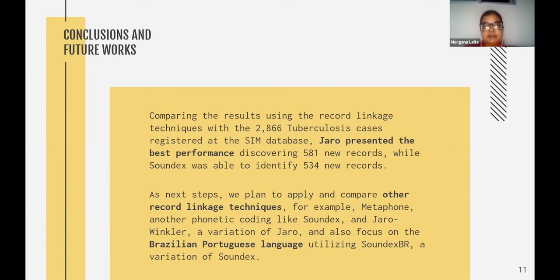As next steps, we plan to apply and compare other record linkage techniques, for example metaphone, which is a phonetic coding like Soundex, and Jaro-Winkler, a variation of Jaccard. We also plan to focus on the Brazilian Portuguese language, utilizing Soundex BR, a variation of Soundex.